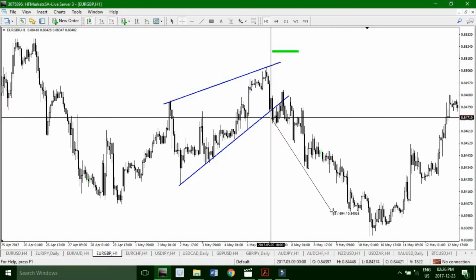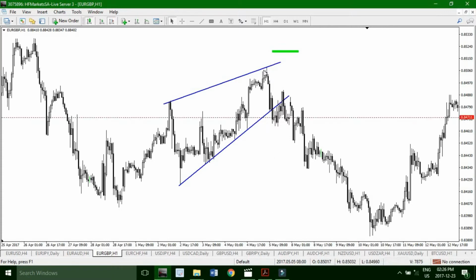And here for our target, we'll be aiming 700 points. Around here it will be at this level. I normally target 700 as my target and then take it to 1,000.